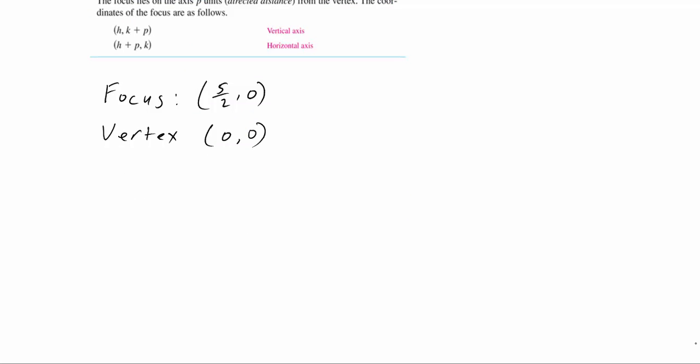The first thing we want to do is go to a graph and actually plot the points. So we have the vertex at the origin, and the focus, which is 5/2 and 0. That means we're looking at the x-axis, and 5/2 would be 2.5. So here we would say the focus is at 2.5.